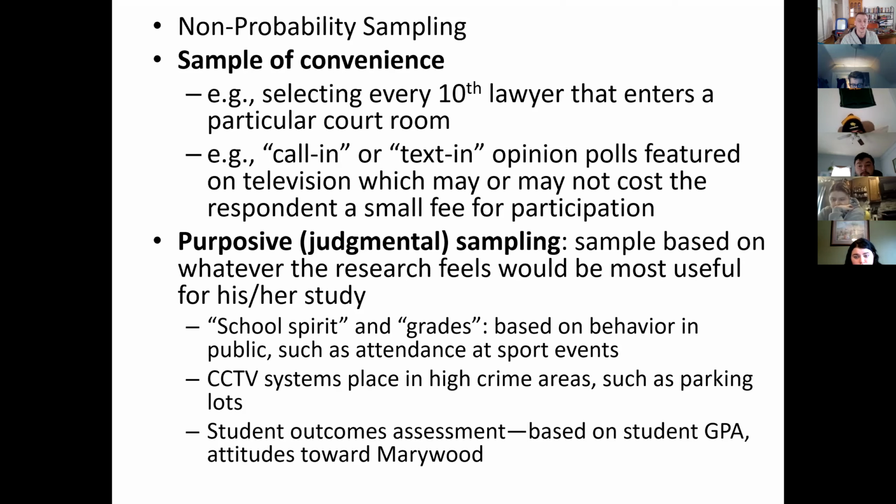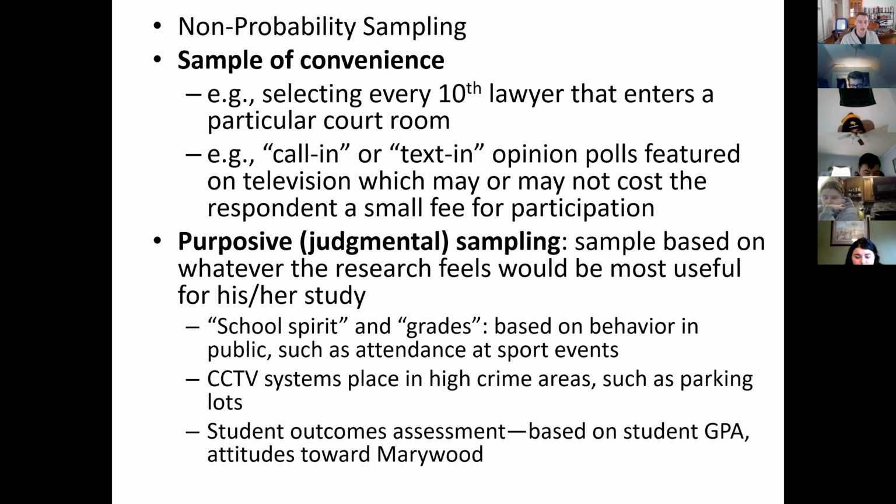And so if you want to look at some relationship between school spirit, how good you feel about your school generally, and grades, you might want to get people at the sporting events at schools, because they will register somewhere on your school spirit scale. Not everybody's going to be as pumped as somebody else, but you'll have some variation there.